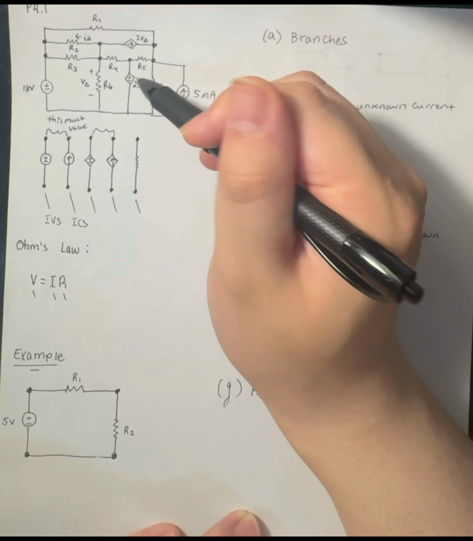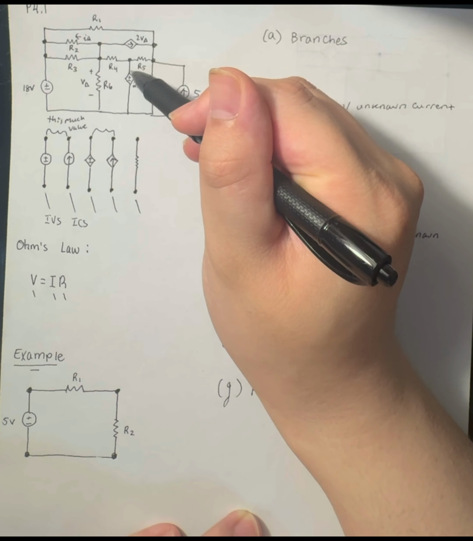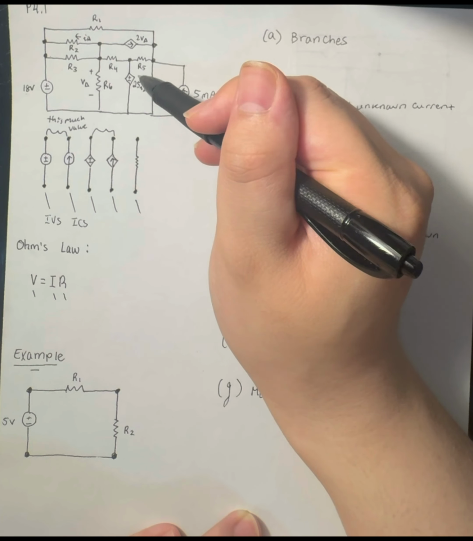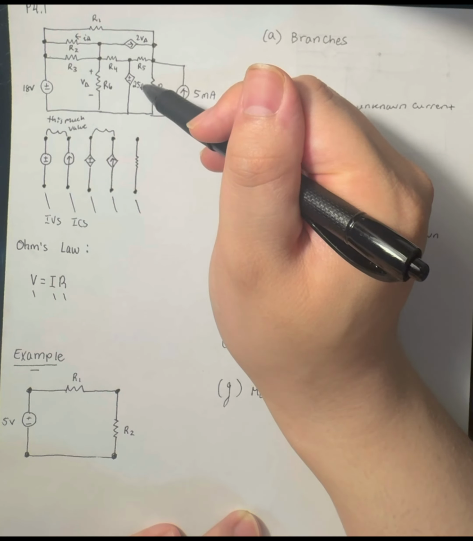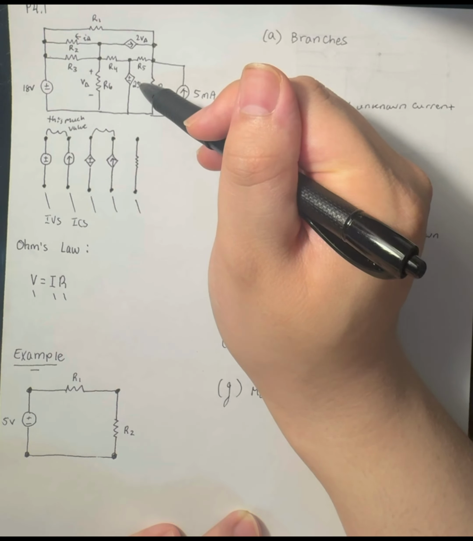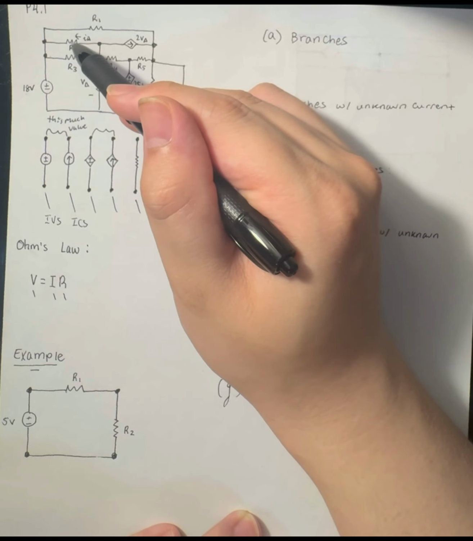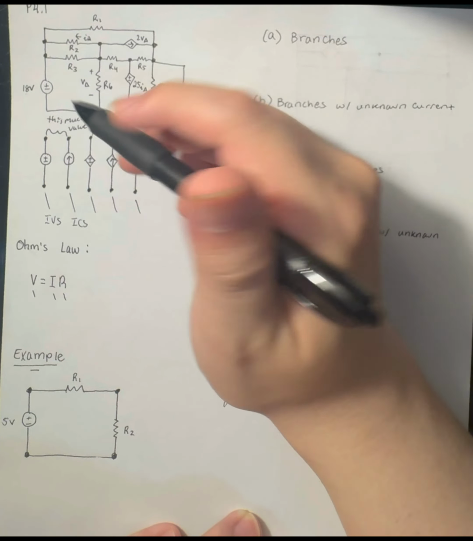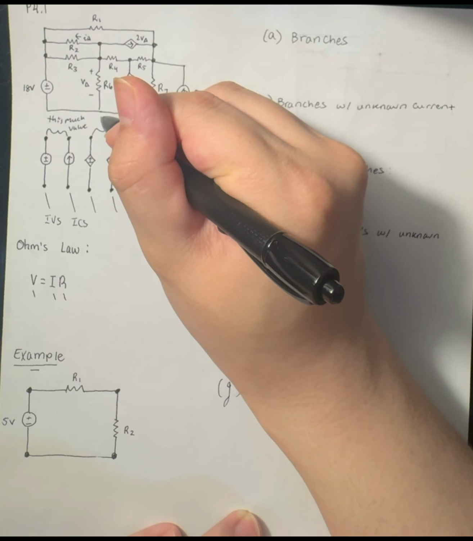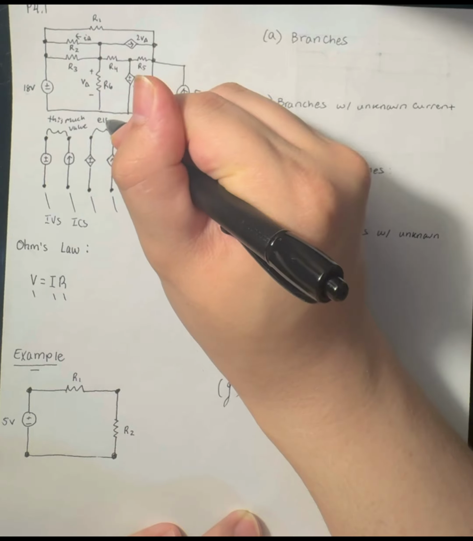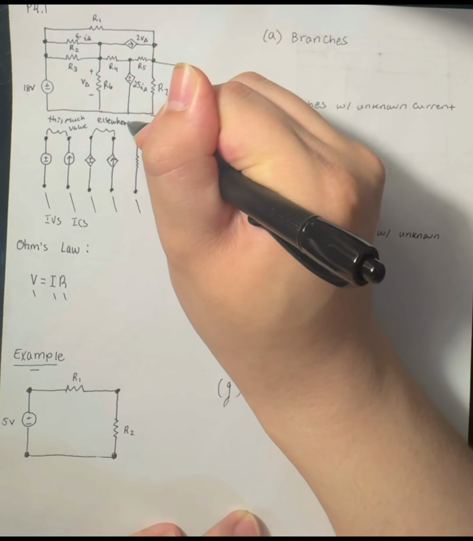For example, the dependent voltage source over here is telling you that my voltage is actually dependent on the current that flows through our 2 ohm resistor, right? So you have to look elsewhere in the circuit.